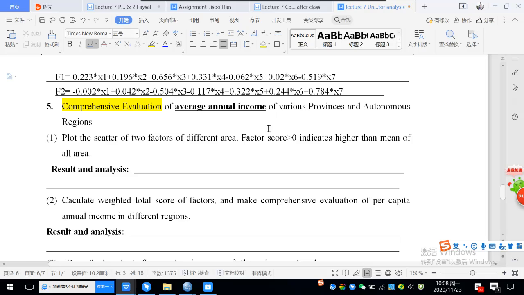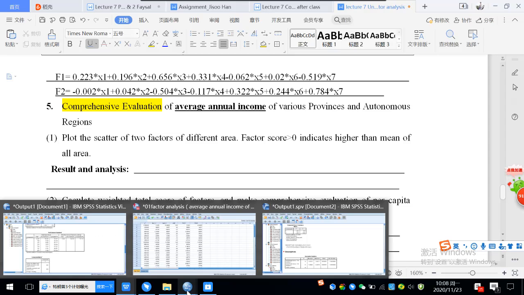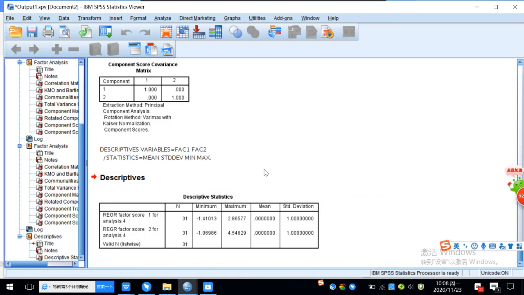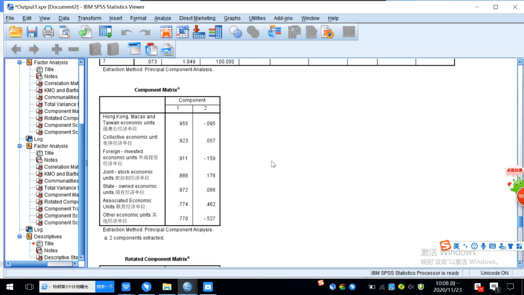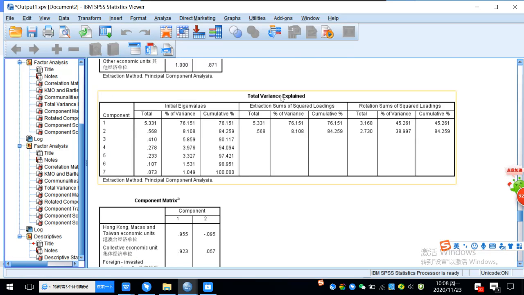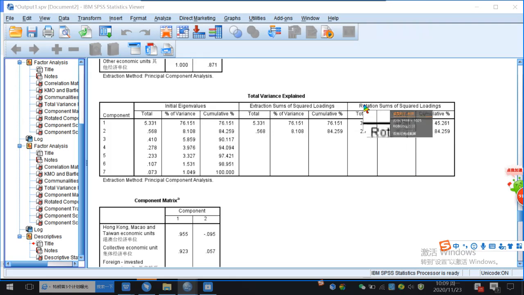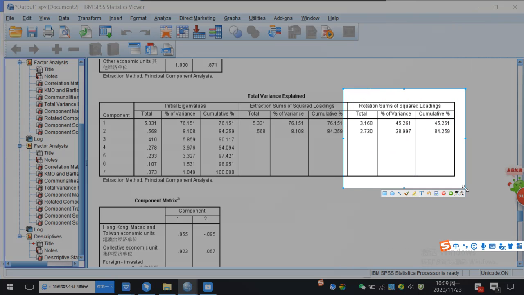Okay, so let's look at here. Please look at here. Look at the total variance explained. Okay. Copy this.